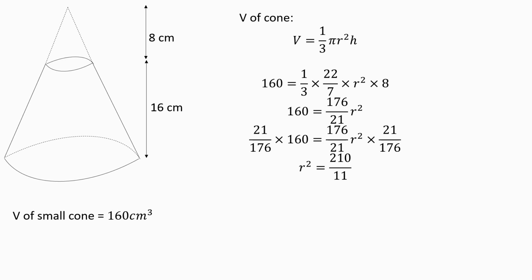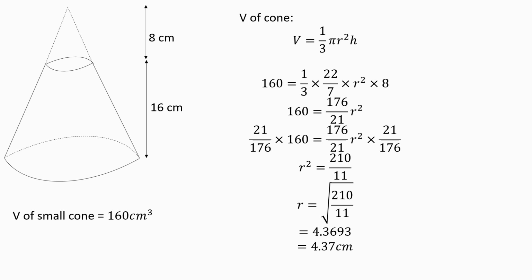And now to obtain r, we have to square root both sides. So r is equal to the root of 210 divided by 11, and therefore r is 4.3693, which is approximately 4.37 centimeters to 2 decimal places. Since we haven't been told the number of decimal places to use, I'll use 2 decimal places.